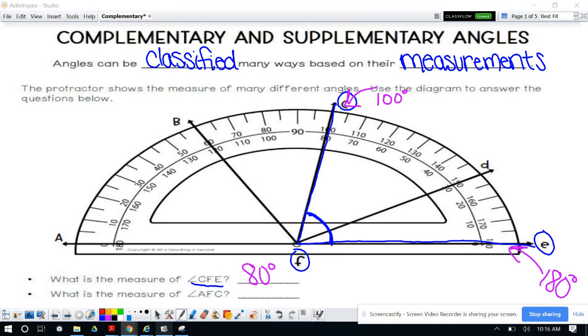For section 2, what is the measure of angle AFC? So if we go to A and then F and then C to find the measure of angle AFC, which is this larger angle here. So we can see that A is at 0 degrees and C, we've already discovered, is at 100 degrees.